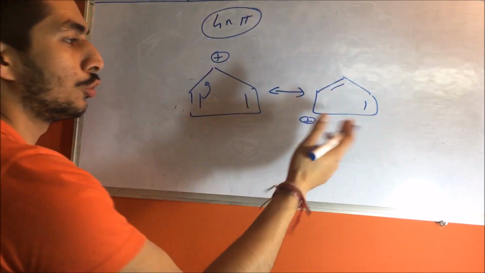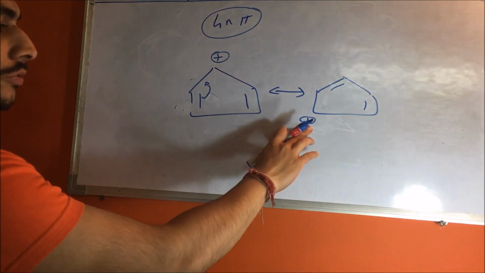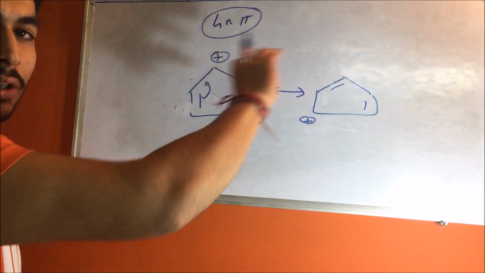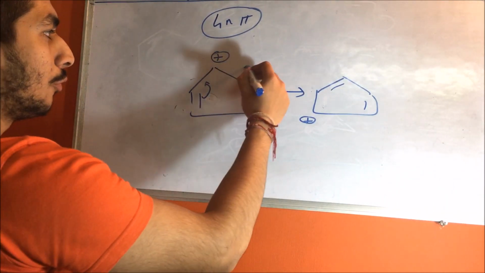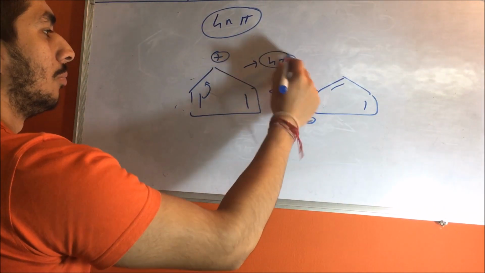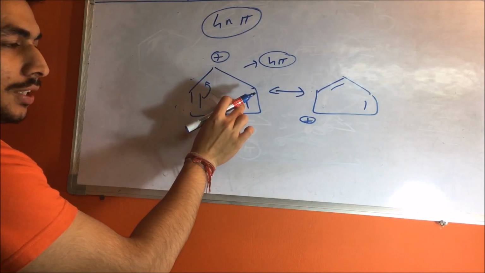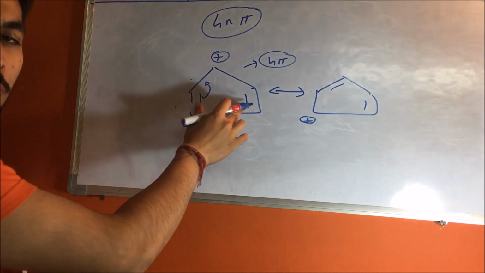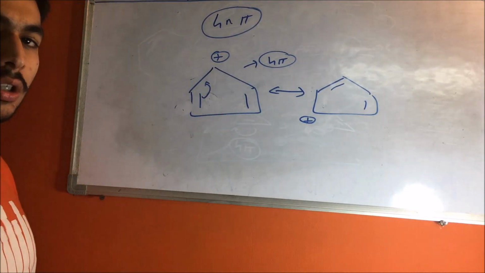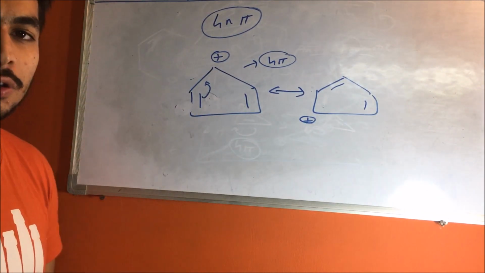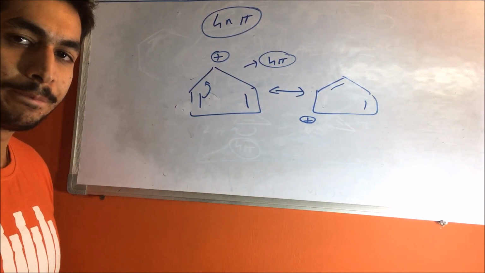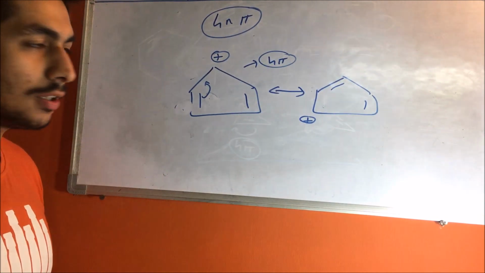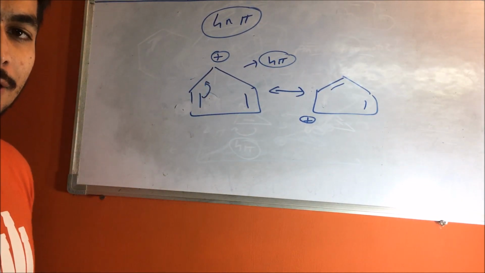I'm just trying to show you that this is conjugated. We'll have a positive charge over here, and the positive charge will then rotate according to the resonating structures. So this has 4 pi electrons, because the two double bonds contribute 4 pi electrons in total. And it is following all the other conditions: it is cyclic, it's conjugated, it's planar, and it's following the 4n pi electron rule.